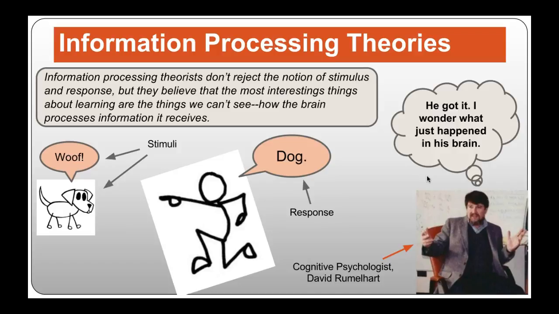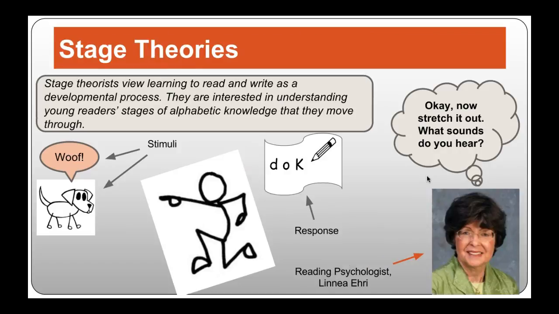All right, so let's go on to stage theories, which are much narrower actually than information processing and behaviorist theories. Stage theories are really focusing on spelling and word recognition. So stage theories and stage models, or those who subscribe to them, view learning to read and write as a developmental process.